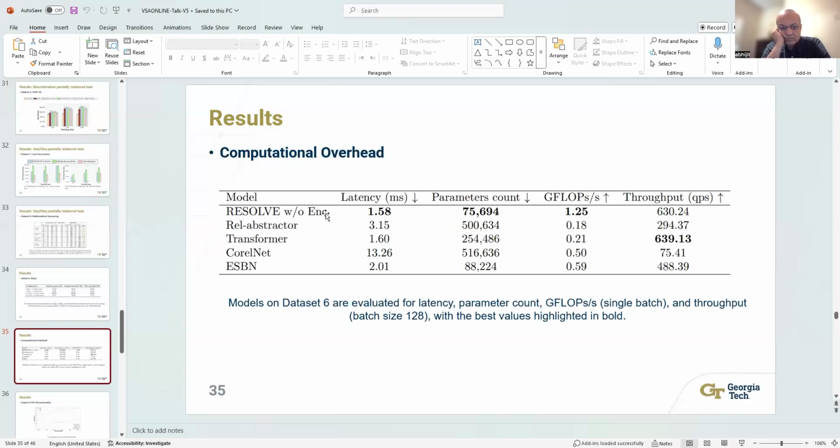As you can see, we outperform all the other baselines, for example, from 2 to 7 times better than the baseline. For the parameter count, it's a much smaller model, and for the latency, it's faster.